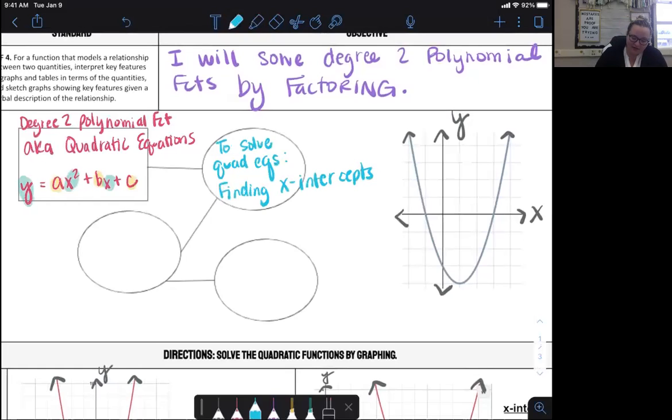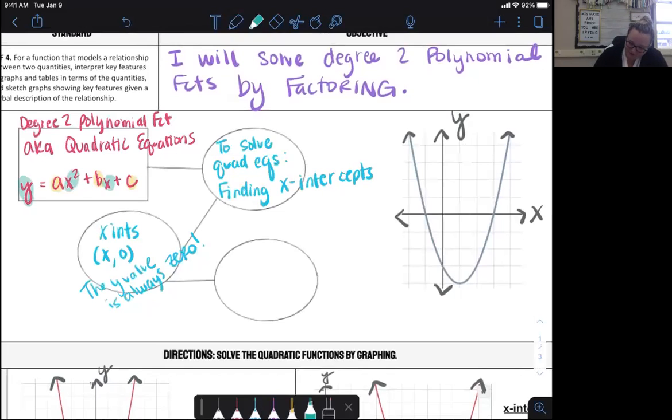So whenever you talk about an x-intercept, you're always talking about a point where you find an x value and then y is 0. So for an x-intercept, the y value is always 0. So if you graph a quadratic equation, if you graph y equals ax squared plus bx plus c, you're always going to get a parabola.